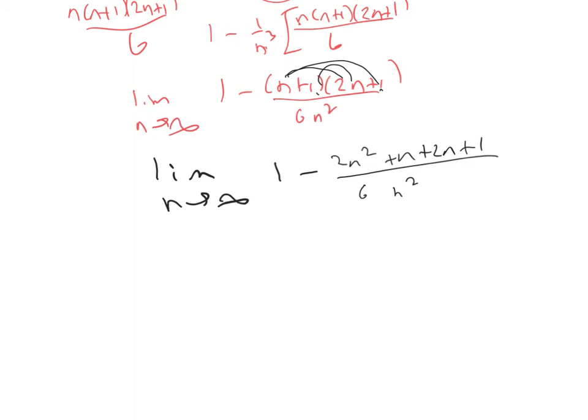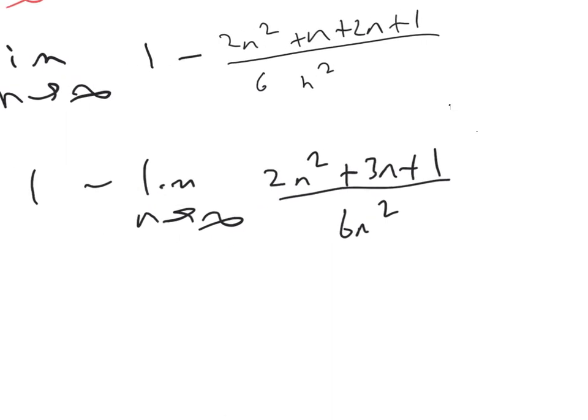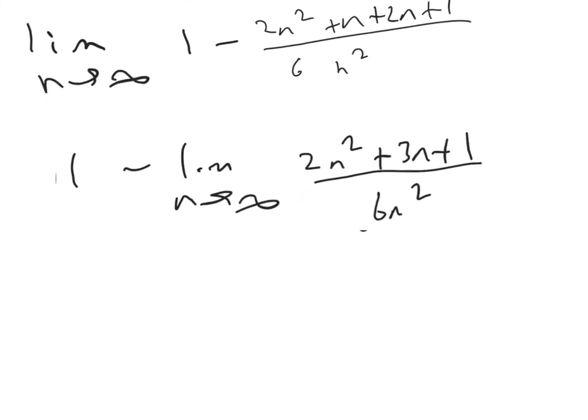Now actually the limit of 1 is still 1, so really all I care about is this piece: 2n squared plus 3n plus 1 over 6n squared. We could do it the old-fashioned way and say, as n goes to infinity, you can divide the numerator by the highest power that's in the denominator.